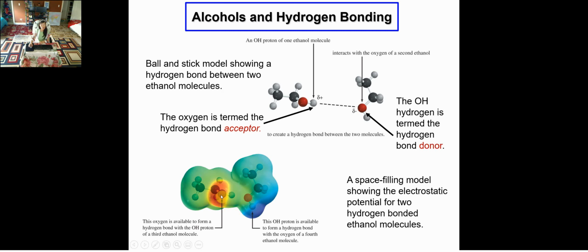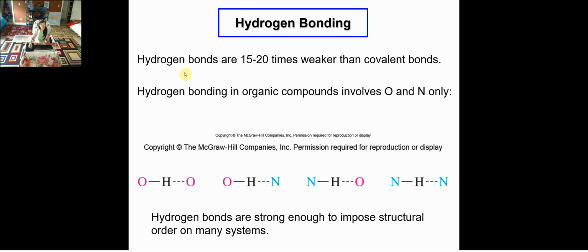Redder color means partially negative. Partially negative and partially positively charged ends tend to attract each other to form hydrogen bonds. So again, due to hydrogen bond formation, ethanol or methanol has a higher boiling point.